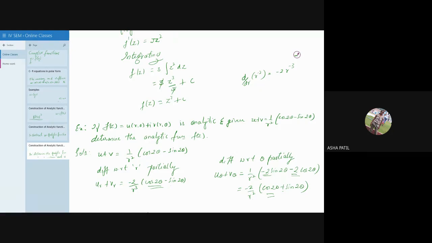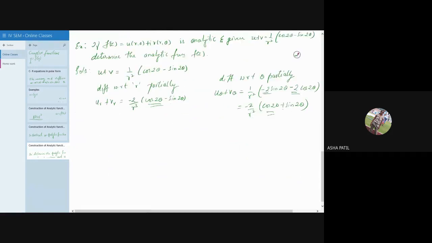Now again, using CR equations, write either theta terms in terms of r or r in terms of theta. Let us use it in the second one only. Using CR equations, r ur is equal to v theta, and r vr is equal to minus u theta, or u theta becomes minus r vr.